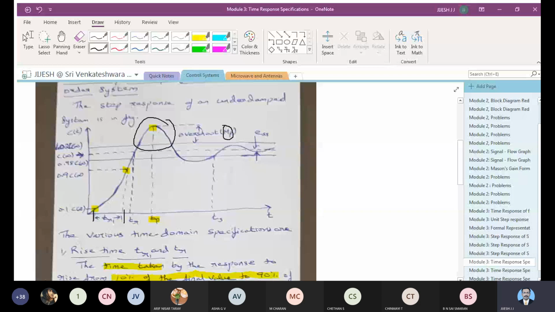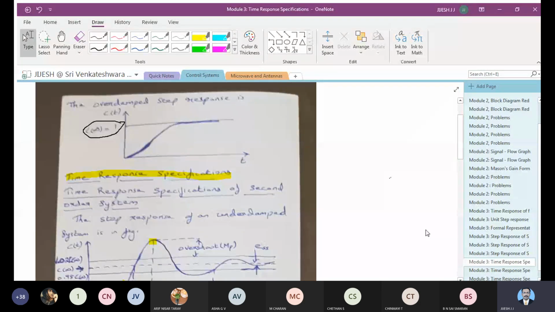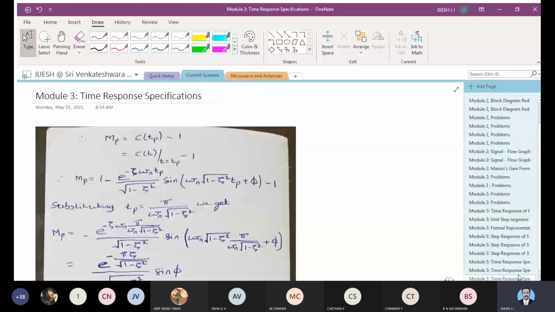So this is called the overshoot Mp. We are going to discuss that portion, and we will see how the equation for Mp can be defined further. So you can just note down the third one, that is called the maximum overshoot Mp or peak overshoot.